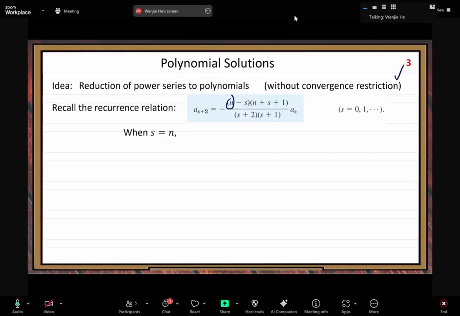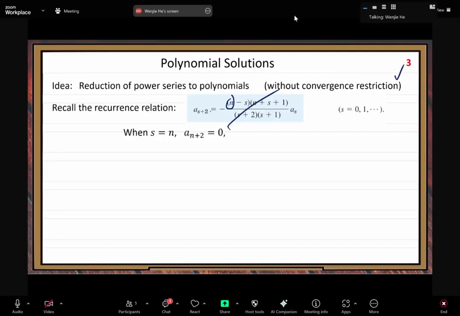Now, if s hits that n, sooner or later s happens to be n, then that term is gone, 0. If a sub s plus 2 equals 0, then the next term is also 0.